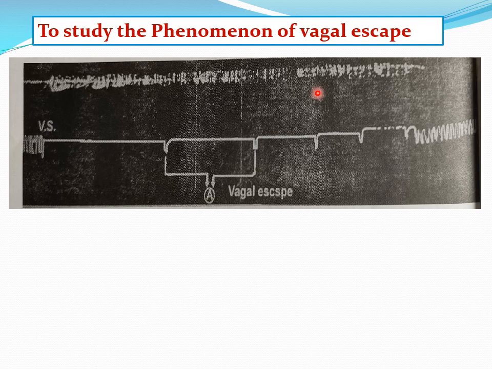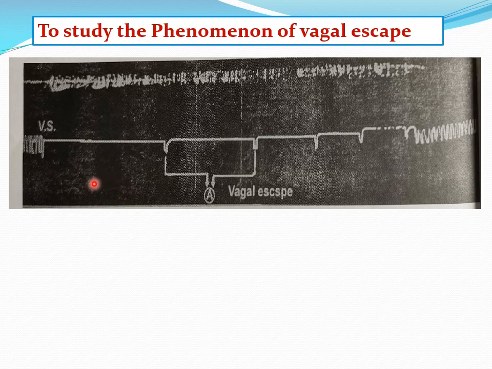Now I want to give you some information from the previous practical. In our previous practical we studied the nervous regulation of the heart, and the effect of vagal stimulation on the frog's heart. Try to remember.